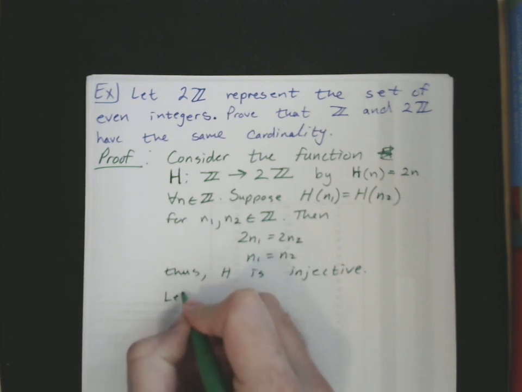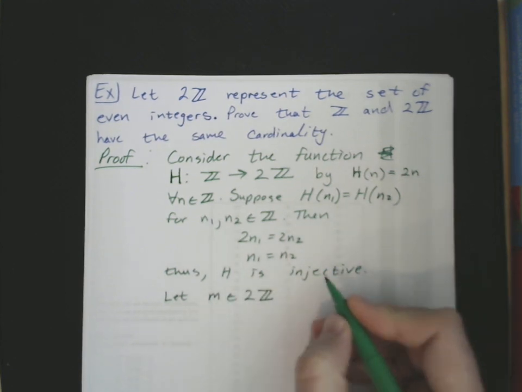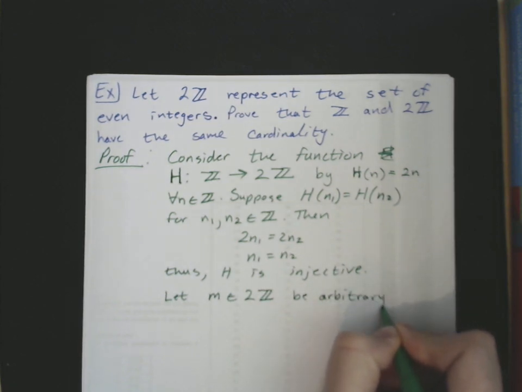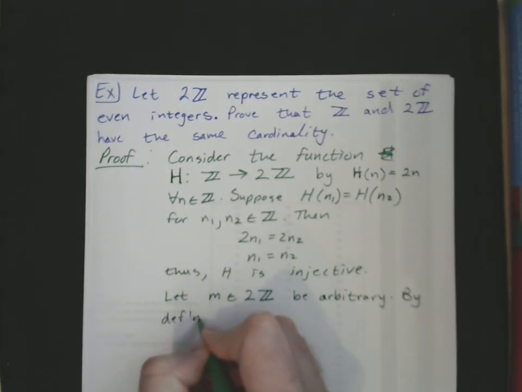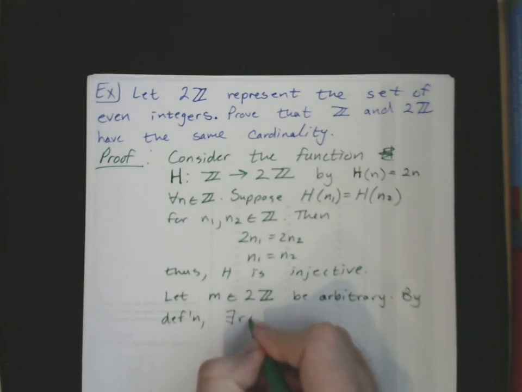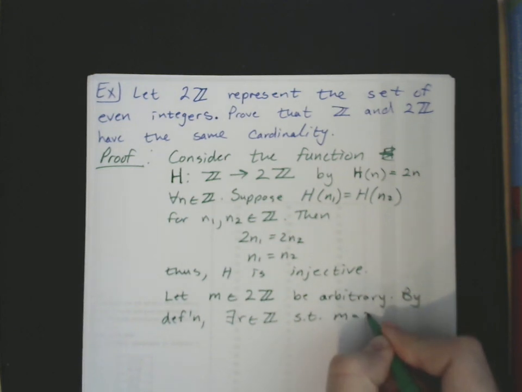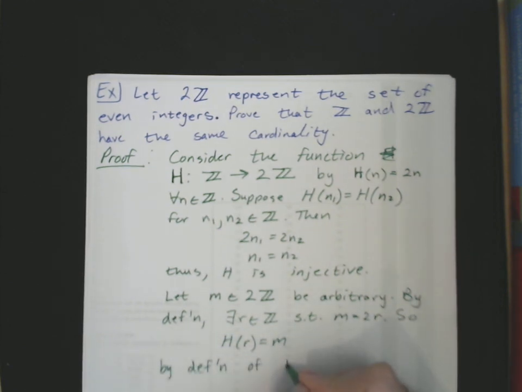Next, we're going to let m be an arbitrary element of 2Z. By definition, there exists an r in Z such that m equals 2r. So h of r then equals m. This is by definition of h.